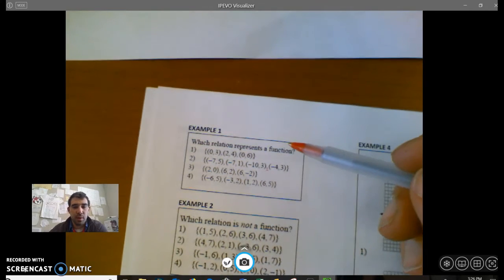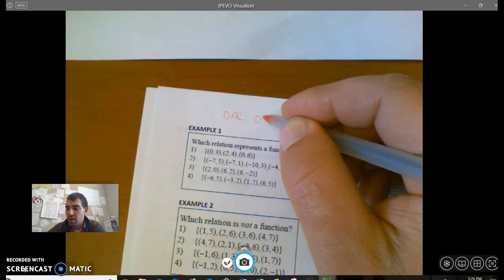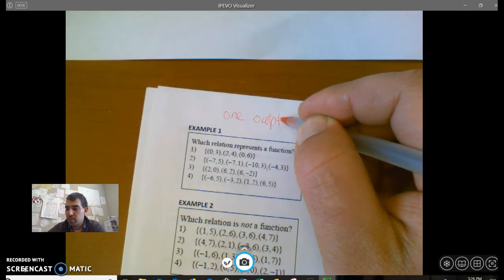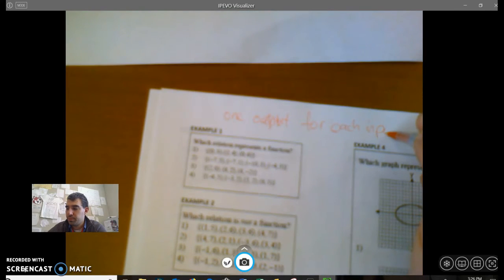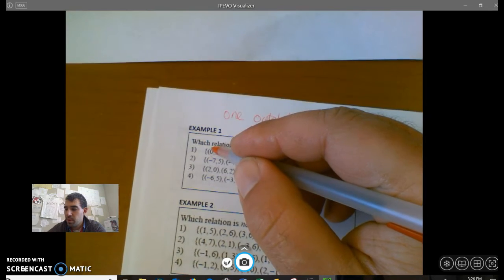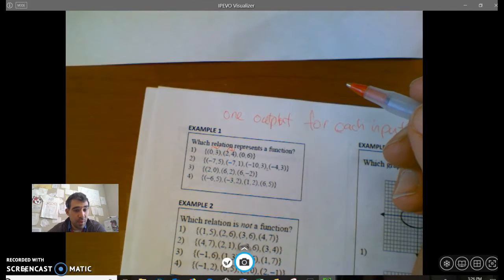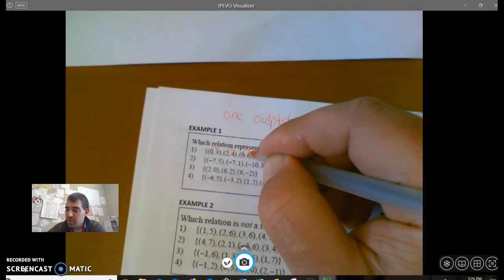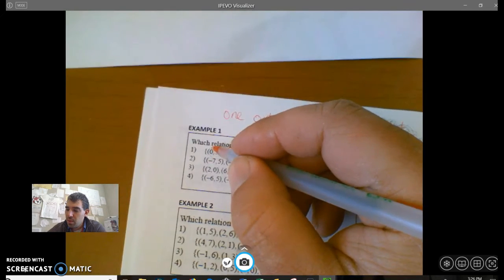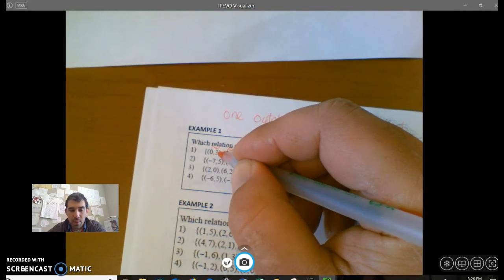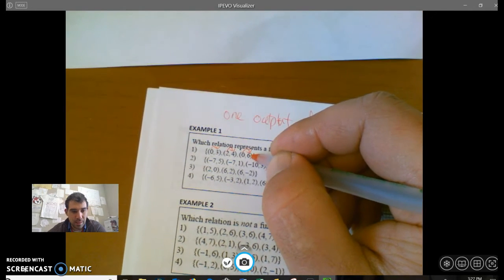When we look through here, we know that we have to have exactly one output for each input. So we have an input of 0, we get an output of 3. We have an input of 2, we get an output of 4. But we have an input of 0, we get an output of 6. So see here, we have an input of 0, output of 3. We also have an input of 0 and an output of 6.